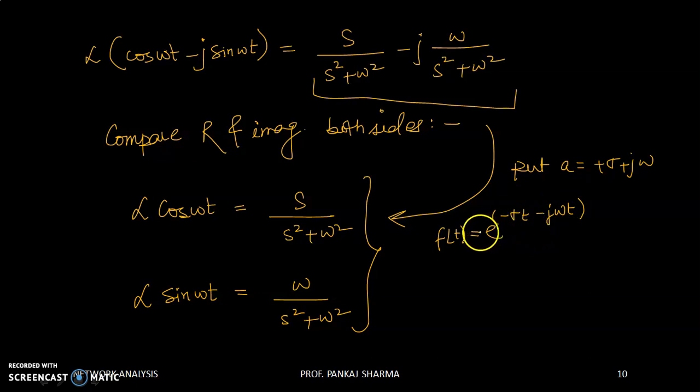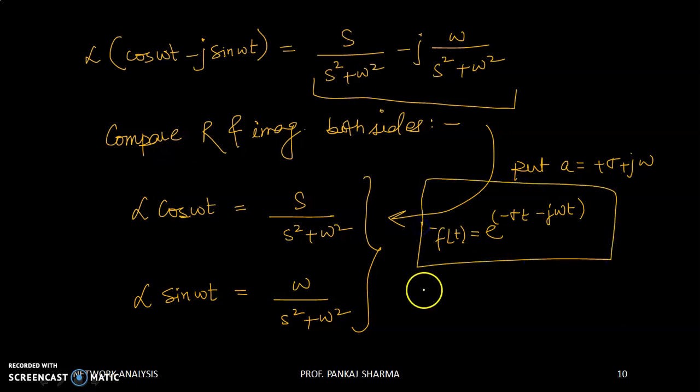So let us understand how to calculate the Laplace transform of this function, which is f of t is equal to e raised to power minus sigma t minus j omega t.